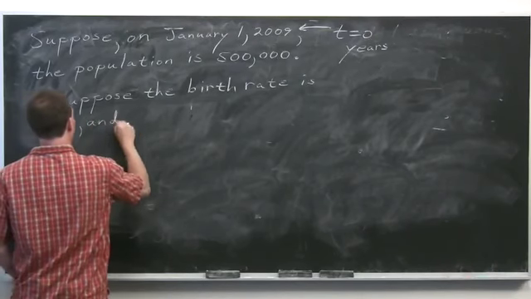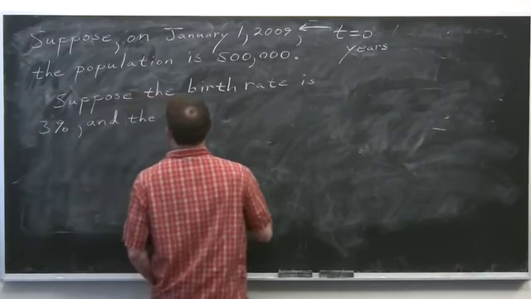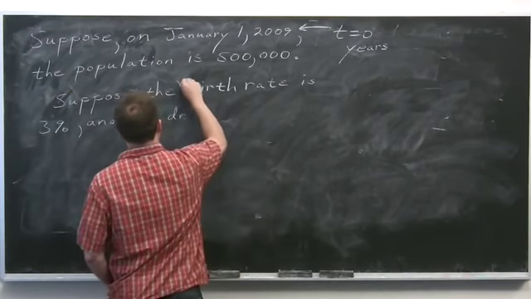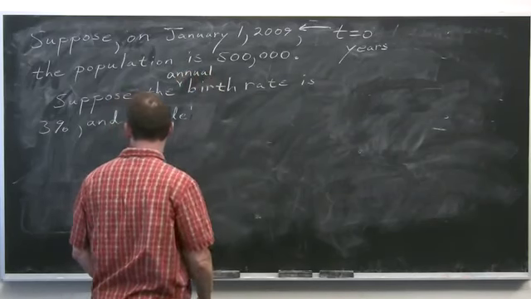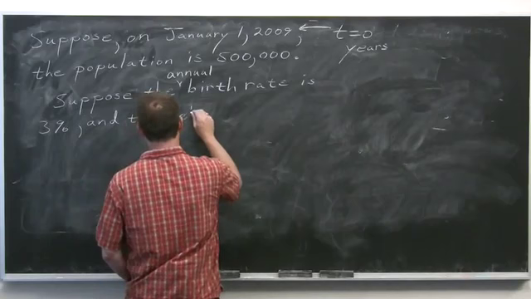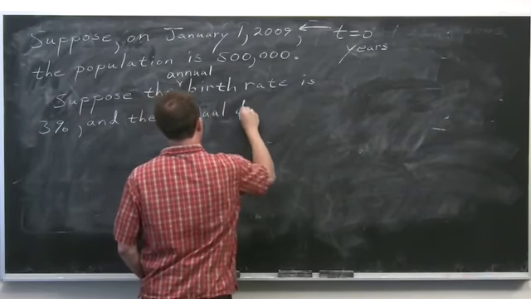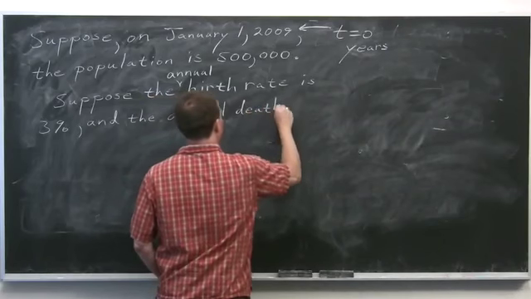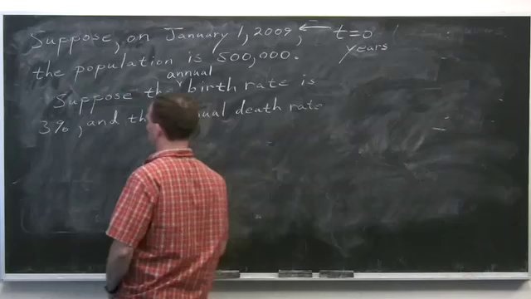Let's say the annual birth rate is 3%, and the annual death rate is 4%.